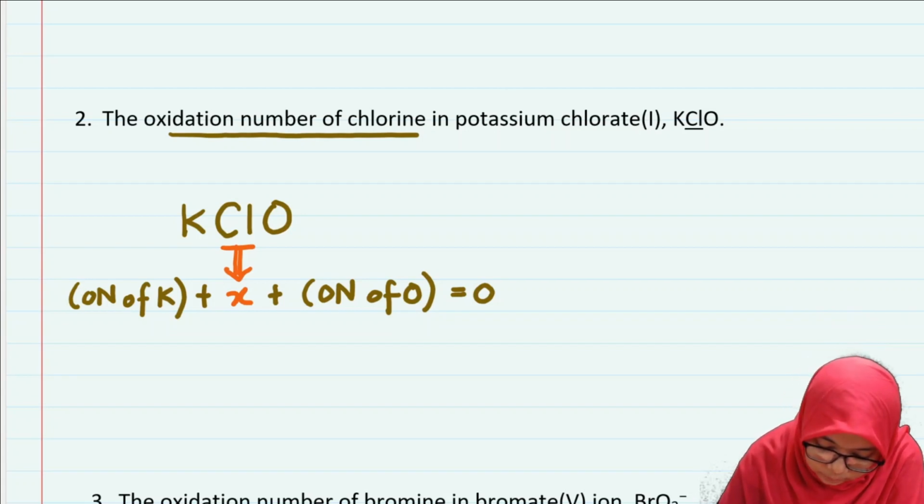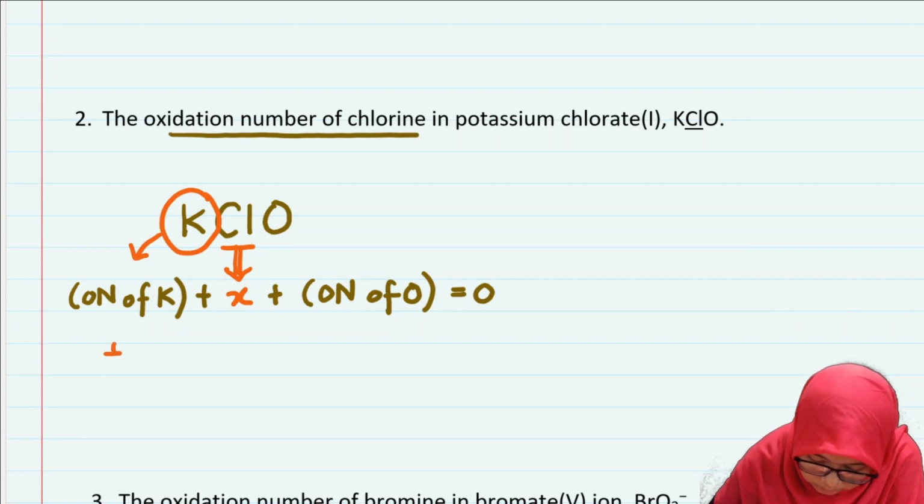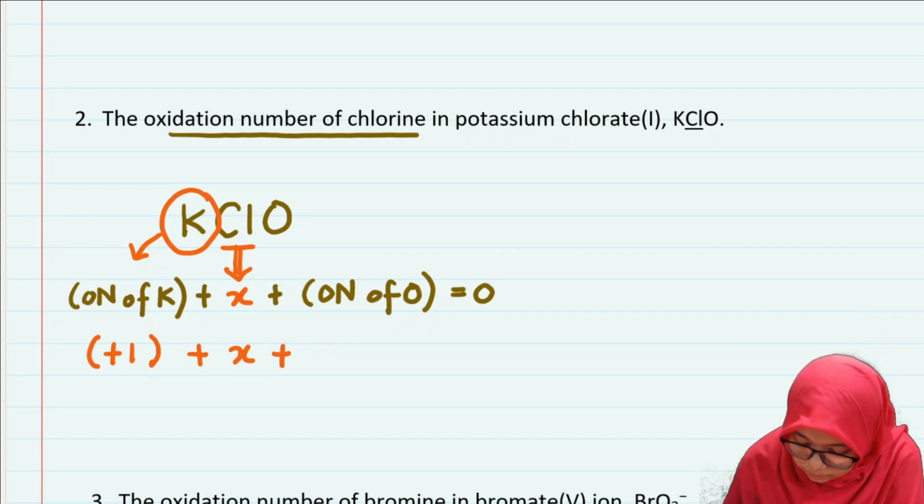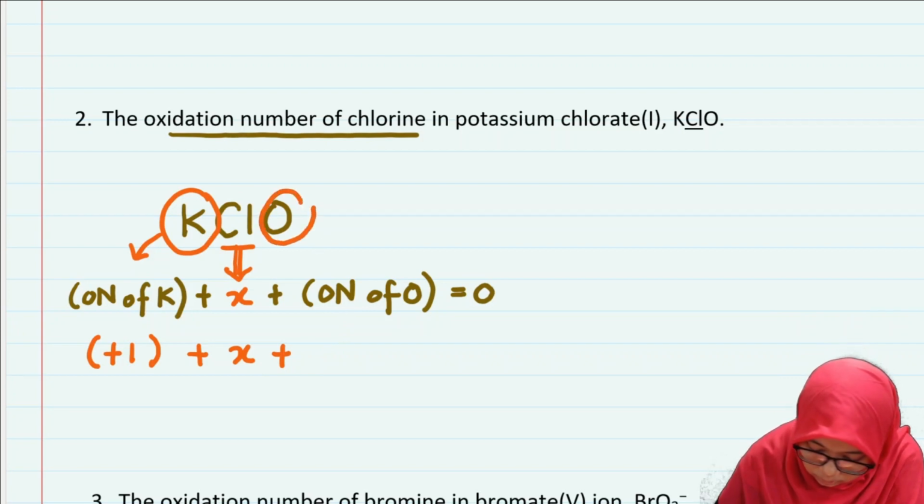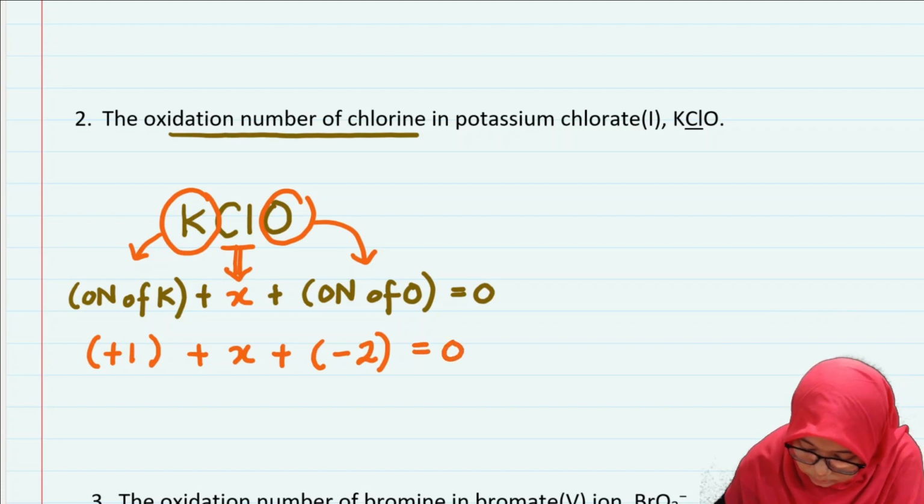Now we have the oxidation number of potassium. Potassium is an element in group 1, so the oxidation number is +1. Plus X, plus the oxidation number of oxygen. We have already discussed that the oxidation number of oxygen is always -2. This totals up to 0.